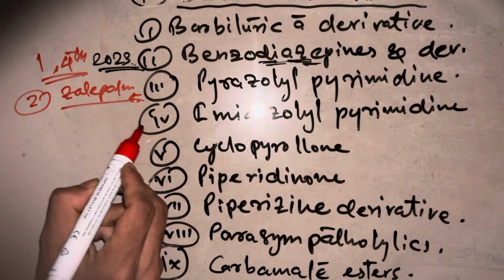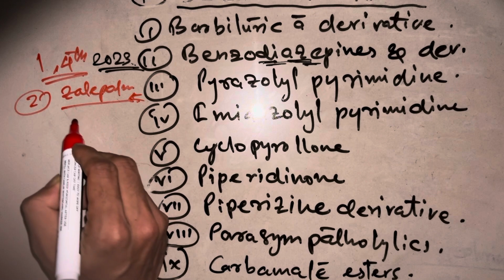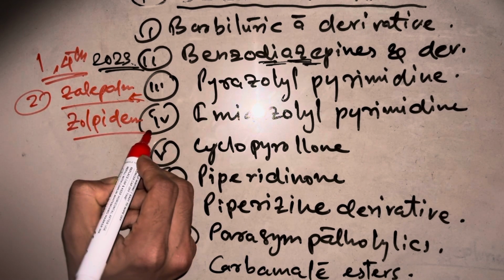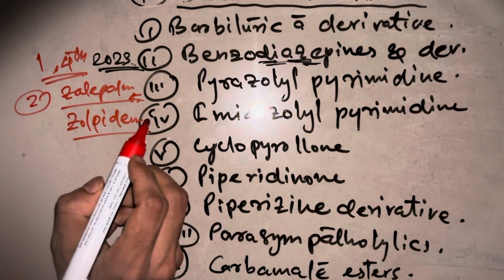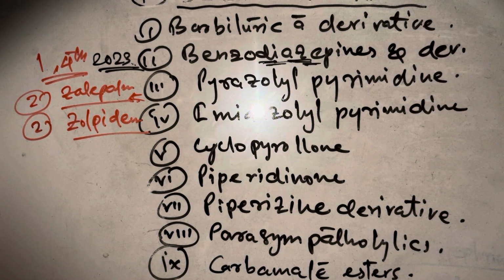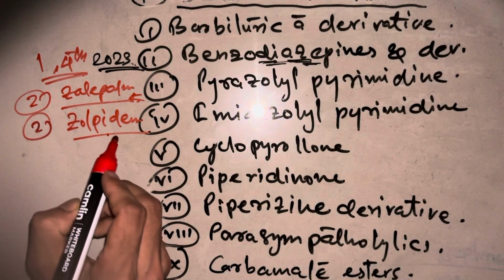Next, class 4, imidazopyridine. Example will be zolpidem. In this, the heterocyclic rings are one pyridine and one imidazole.